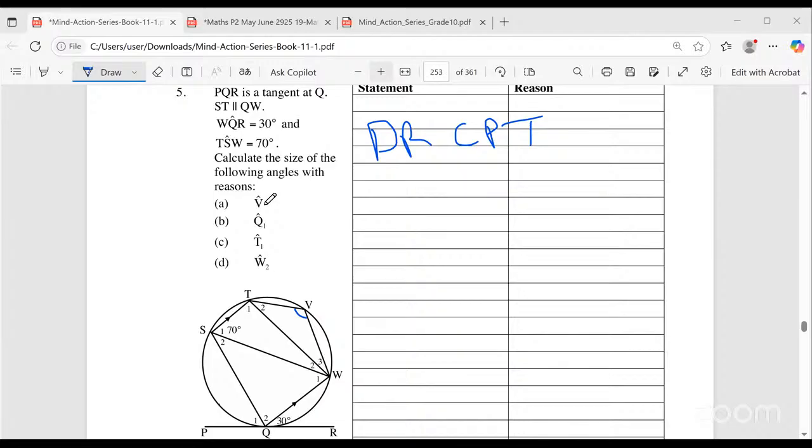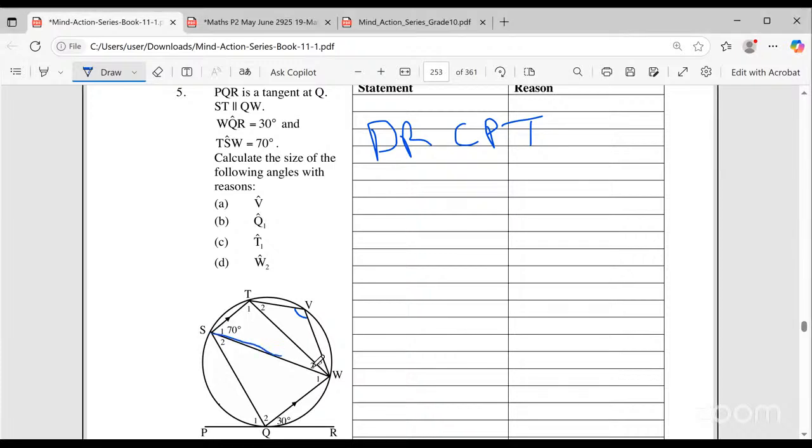So I somewhat disagree, because this is what you're supposed to say. If you are given that SW is a diameter, that's when you can say this angle is 90 degrees.